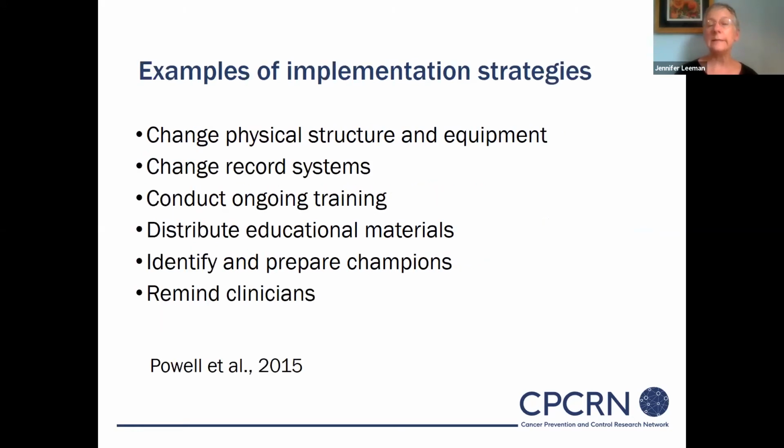So these are examples of some of the implementation strategies included on that handout. Change physical structure and equipment, change your medical record systems, conduct ongoing training, distribute educational materials, identify and prepare champions, remind clinicians, and the list goes on.